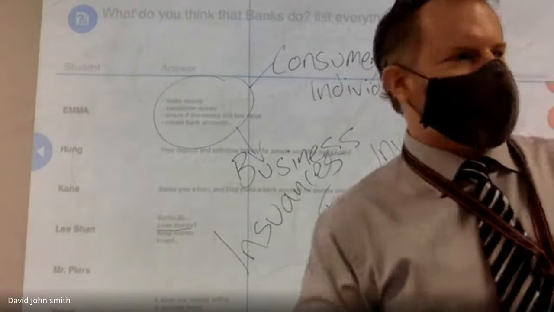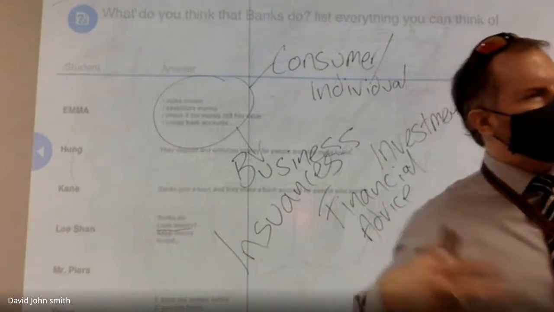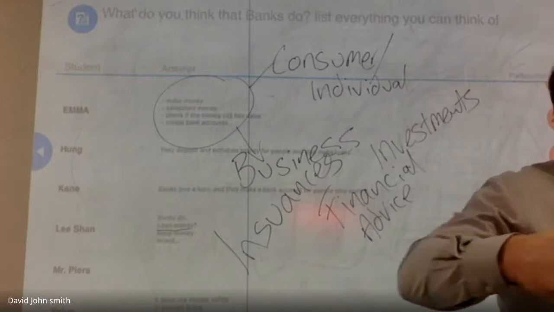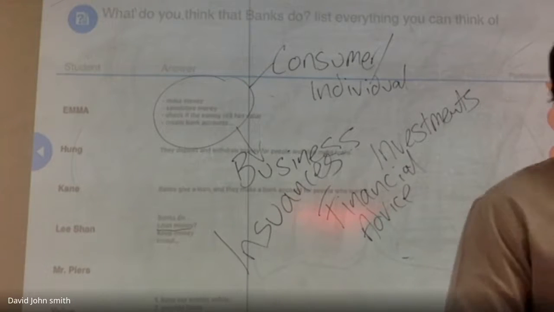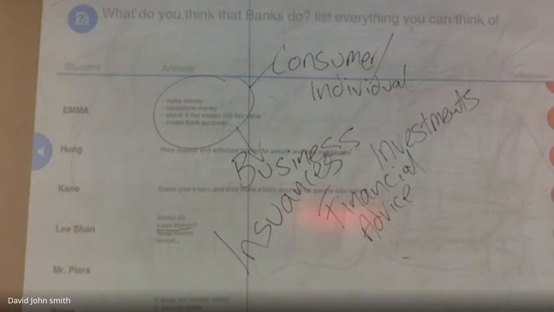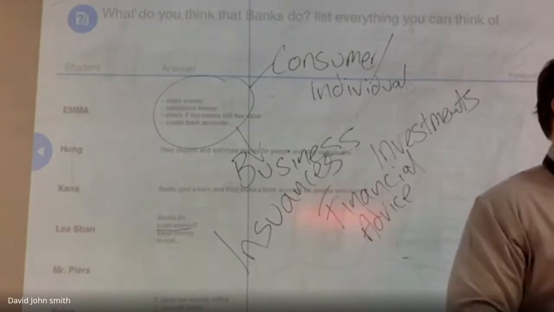Some banks will actually offer insurance packages for you. Life, health, contents, whatever you need. Banks have kind of evolved to be almost a one-stop shop for finances and financial advice. So some banks will offer to sell you insurance as well. It is a business. They're actually out to make a profit.